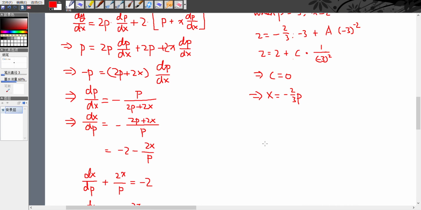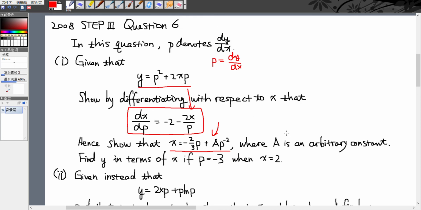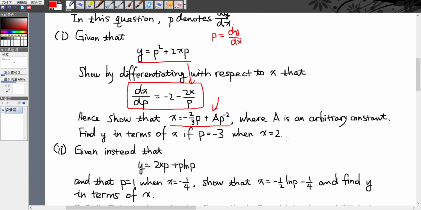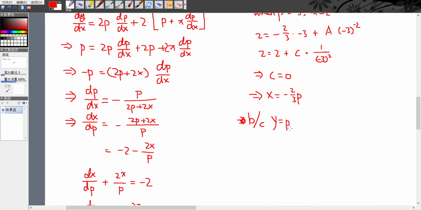And we have known, as provided by the question, that y is equal to p squared plus 2xp, and we want to know y in terms of x, so we substitute all our p's.